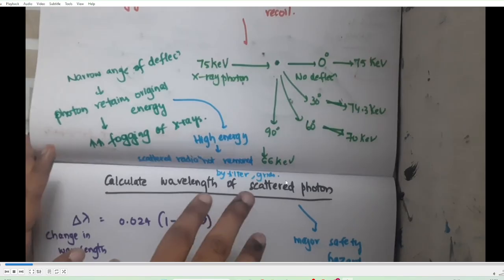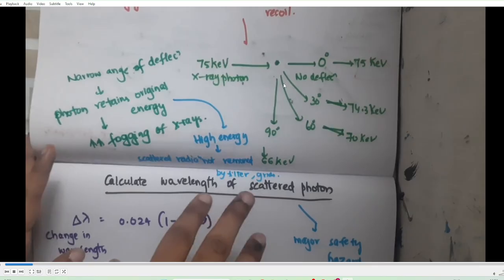There are two important things. The X-ray photon, according to the angle of deflection, retains some of its energy. The distance from the point of interaction is used to express the percentage of scattered photons at varying angles.